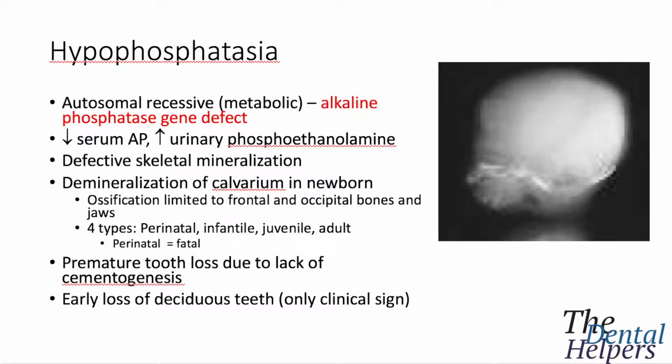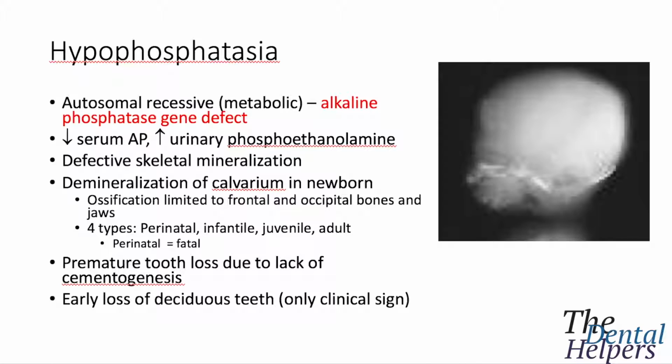It's going to be defective skeletal mineralization, demineralization of the calvarium and bones. So if we look at this, we see that the calvarium is demineralized. You have ossification limited to the frontal and occipital bones of the jaw.